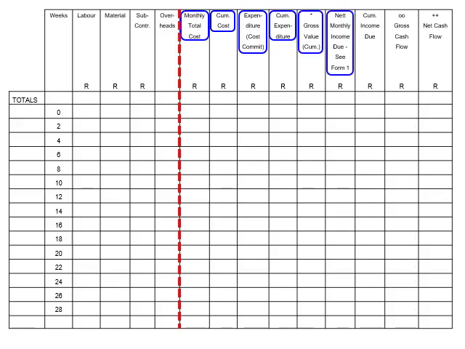This information will be calculated on another form, and transferred to this column. Cumulative income due, gross cash flow, net cash flow. The columns in the second part of the worksheet, up to here, are fixed, and are sufficient to develop the budget, and cash flow schedule.